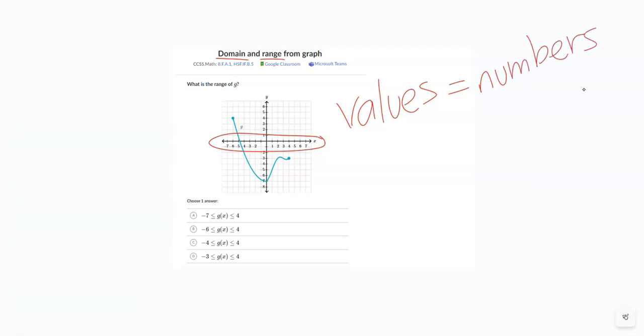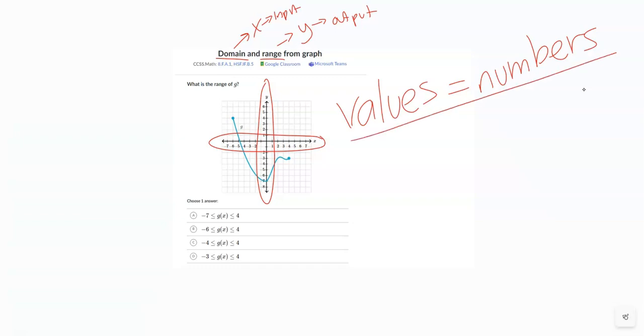So domain is your x, and range is your y. Another way to think of this is x is your input, and y is your output. I would write all this stuff down somewhere in your journal: domain, x, input; range, y, output; and if it helps, values and numbers are the same thing.